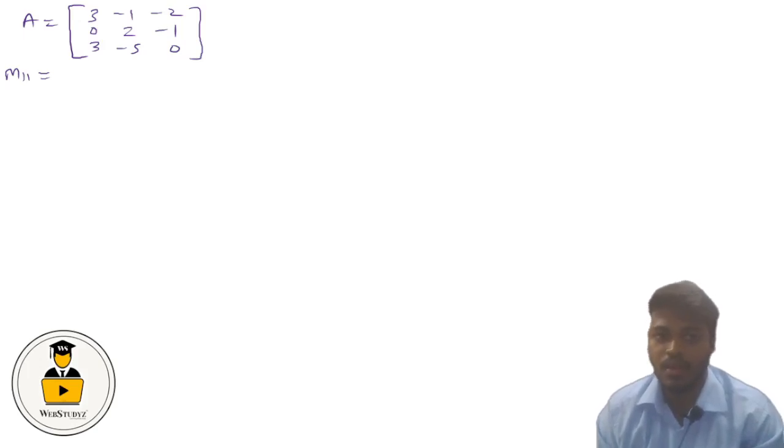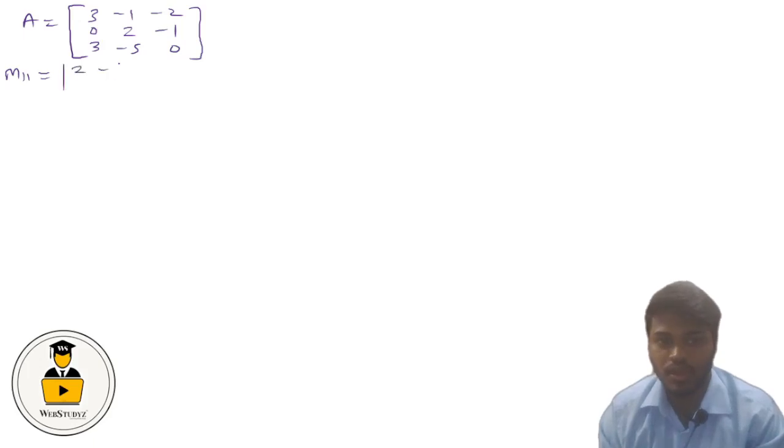So for M11, we ignore the first row and first column, and the determinant will be of 2, minus 1, minus 5, 0. So this is 2 into 0, which is 0, minus of minus 1 into minus 5, which is 5, so the result is minus 5.